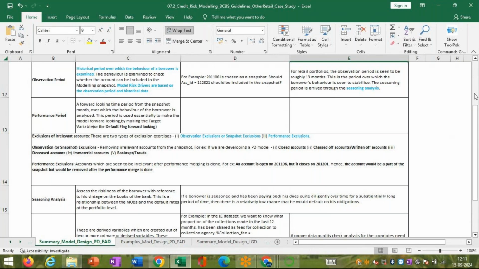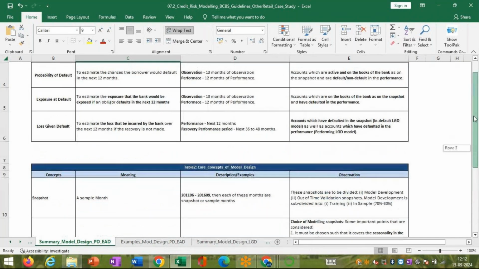There are a few things that we need to keep in mind as well. We need to understand seasoning analysis in more detail, in terms of the regulatory guidelines, which we will be doing now.